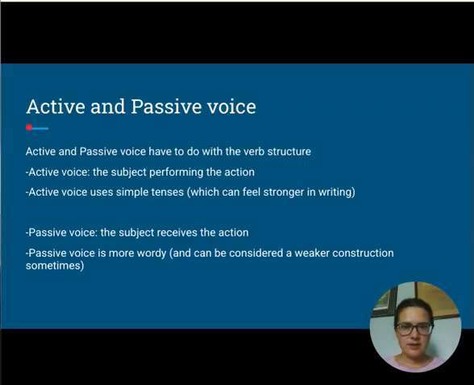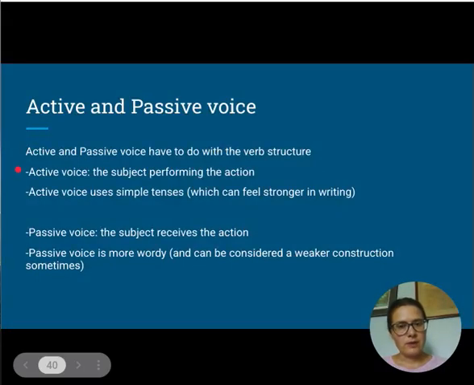Today I want to discuss the topic of active and passive voice. If you look here, what I'm going to describe to you has to do with the verb structure, but also who is being treated with importance in the sentence, whether it's the subject or the object, and I'll get into that in a little bit.